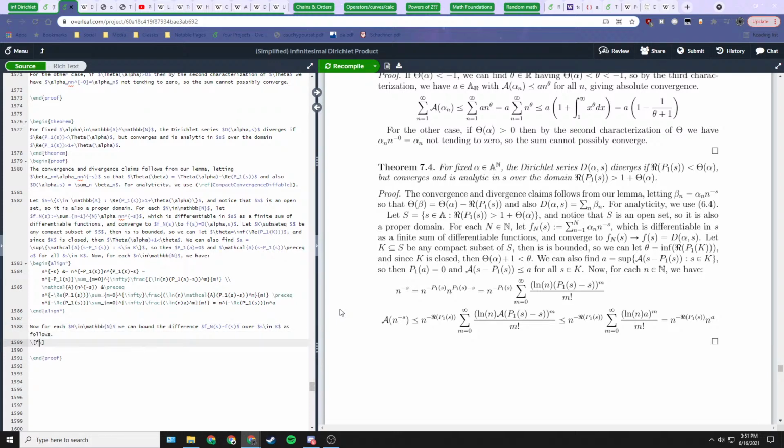So the way that works out is we have f sub n of s minus f of s. This is just the summation, we have n equals capital N plus 1 to infinity.